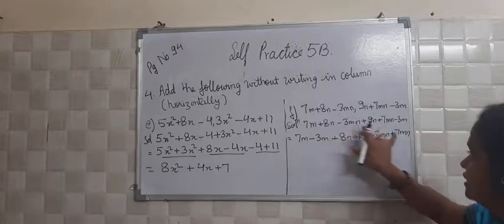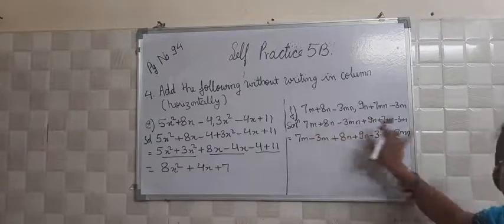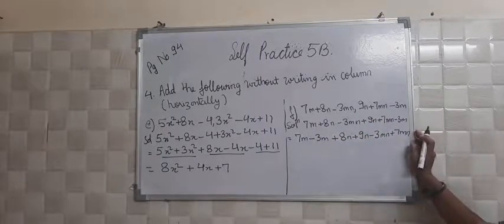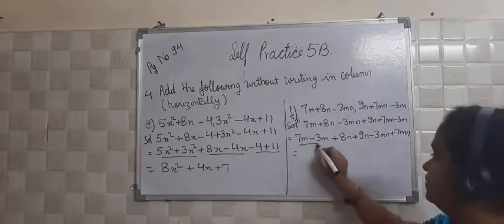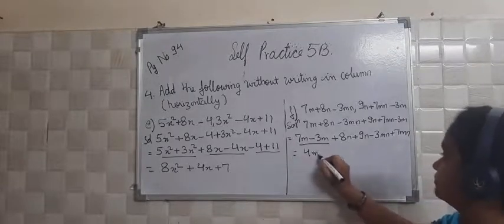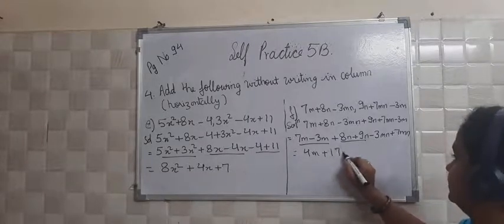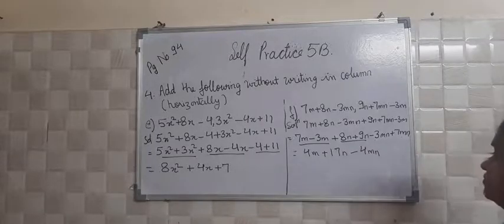Don't take this and this together because here it is m and here it is n. First and last it will go in this part. Correct? Be very careful while doing this. Now 7m minus 3m, 4m, plus 8 plus 9, 17n, minus 3 plus 7, 4mn.